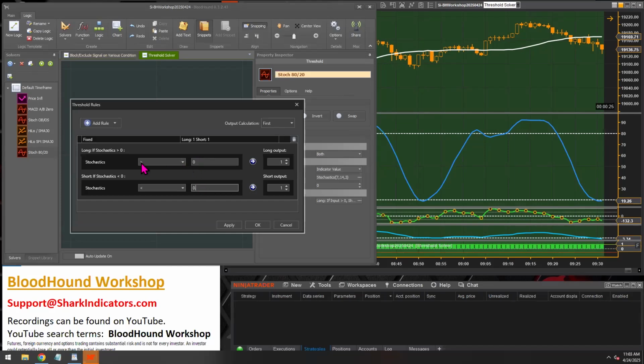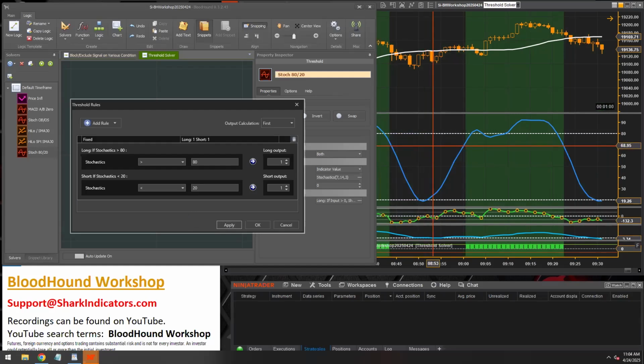That's our standard. So we're checking to see if the stochastic is above 0 or below 0. But of course, the stochastic doesn't go below 0. So let's put in the values we're looking for: above 80, or less than or below 20. If we hit apply, there we go.